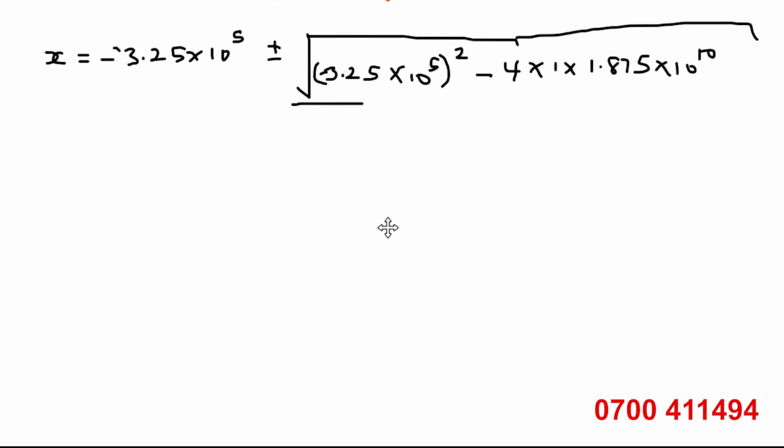Now all of this is divided by 2a, but our a was 1, so divide by 2.